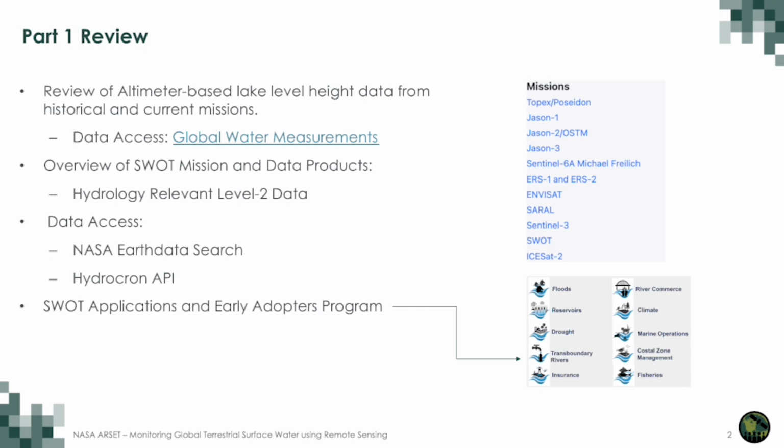We also provided an overview of the Surface Water and Ocean Topography mission, known by its acronym SWOT, along with data products and hydrology-relevant Level 2 data. Data access was provided through NASA Earth Data Search and Hydrochron API. And SWOT applications were highlighted along with NASA's Early Adopters Program.